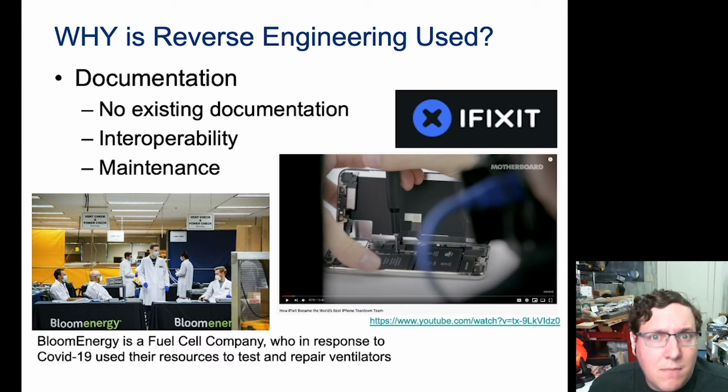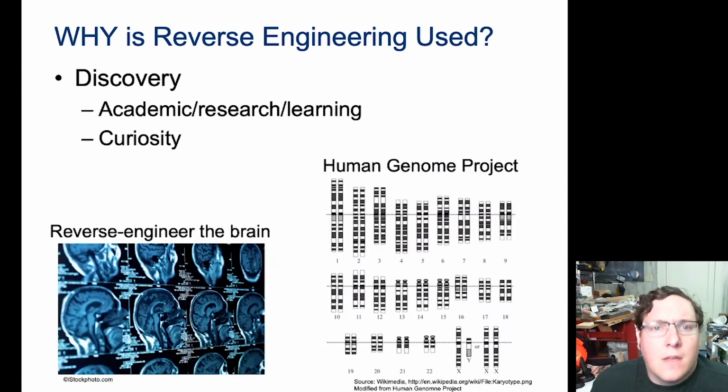While they're not a medical company, they recognized the need and the skills they had, and worked with the government in California to test and repair the ventilators that needed to get out to the hospitals. So they had to reverse engineer some of their own documentation to decide how best to approach the problem.